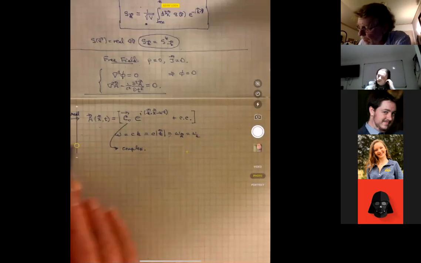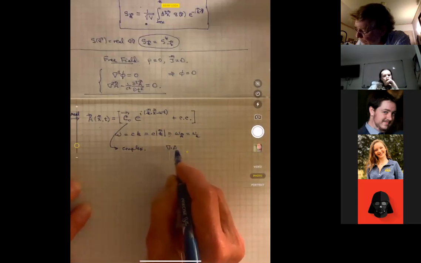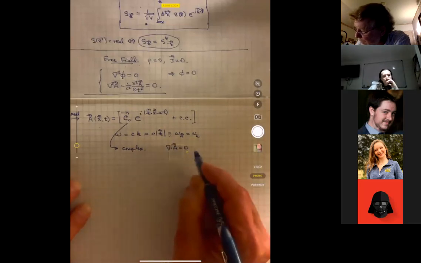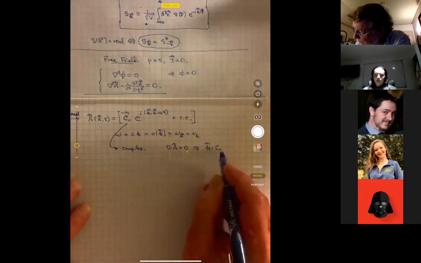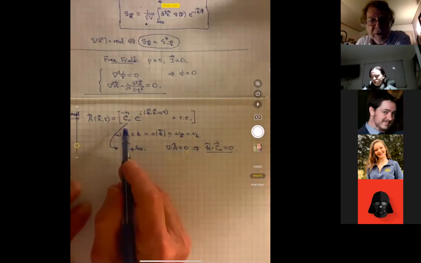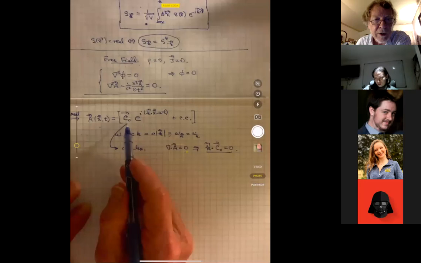Now, on the other hand, they aren't arbitrary complex vectors because the transversality condition on the vector potential implies that k dotted into the amplitude vector C0 has to equal 0. So these amplitude vectors are actually transverse. They're orthogonal to k. In k space, they're transverse vectors. And so they have really only two independent components, two independent complex components.